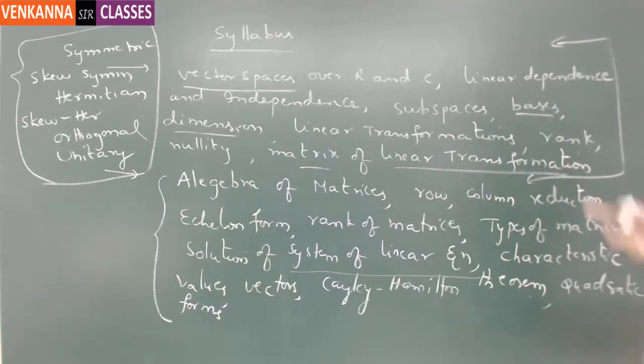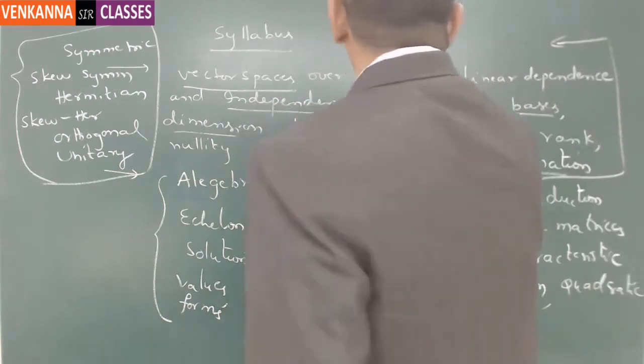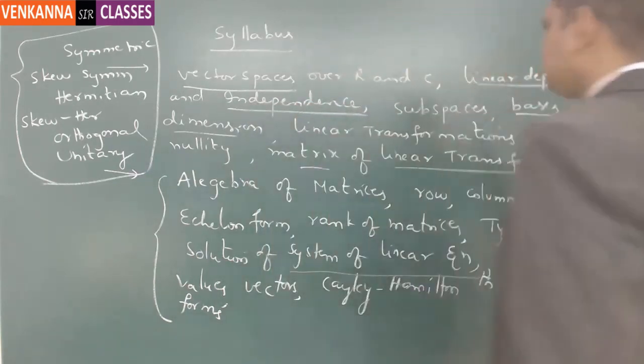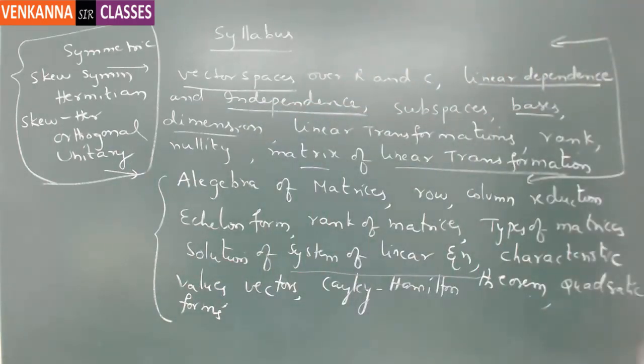Usually you can expect essay questions from this part, and you can have minimum 10 marks questions from the part of linear dependence and independence. So this is for 10 marks, and the rest for 15 marks, minimum weightage.